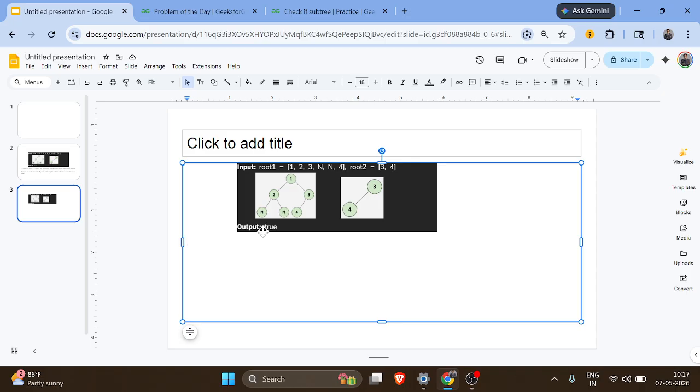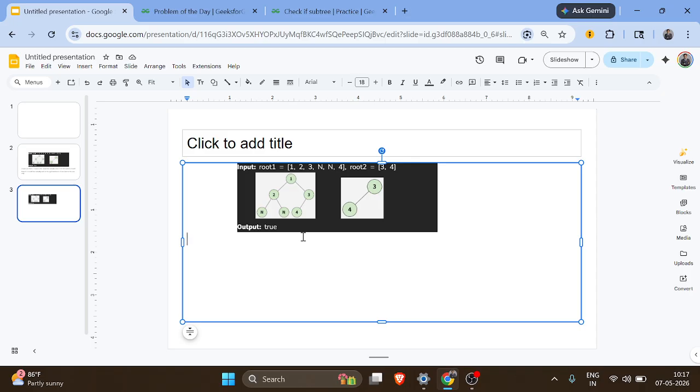Currently, assume I am in the first node, node 1, and root 2 is also at node 1. So first we have to check the third condition, whether root 1 is equal to root 2, meaning the root 1 value is equal to the root 2 value. So there is a possibility that root 2 may be a subtree. Root 2 may be identical to the current root structure.